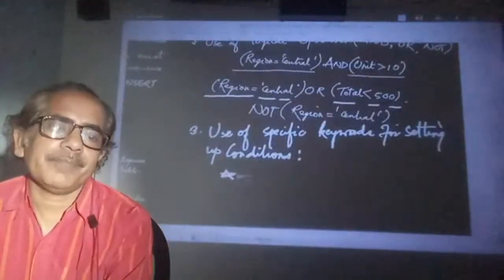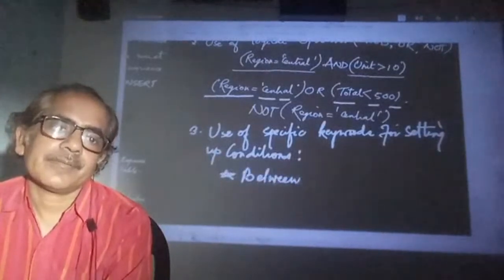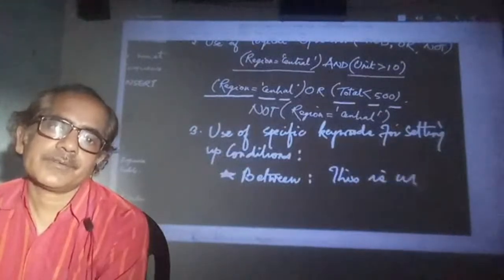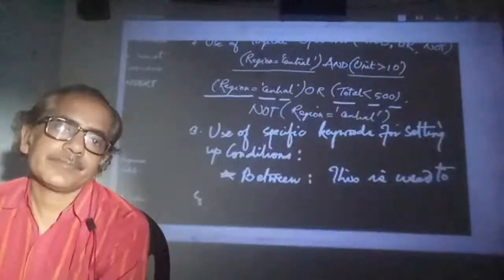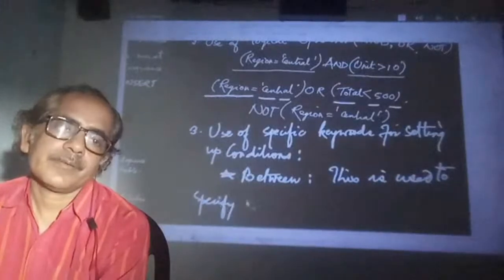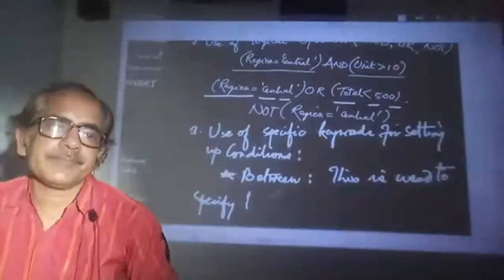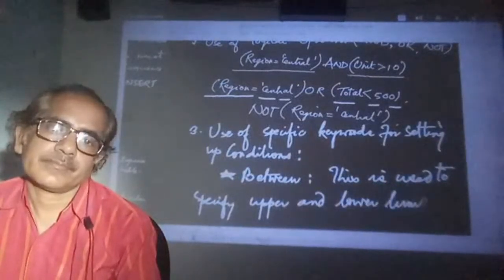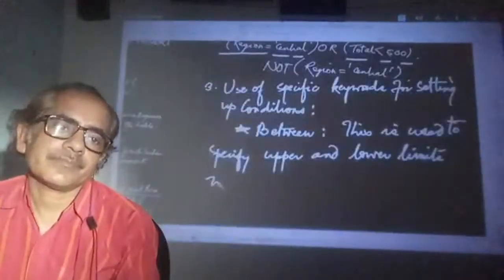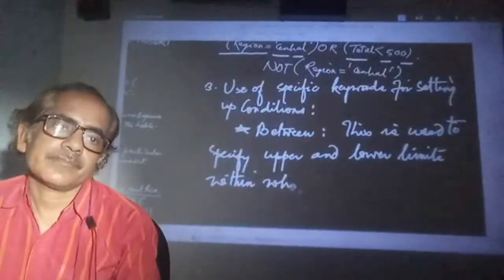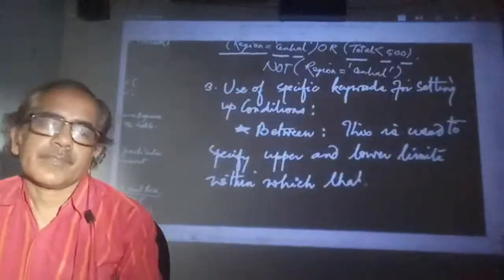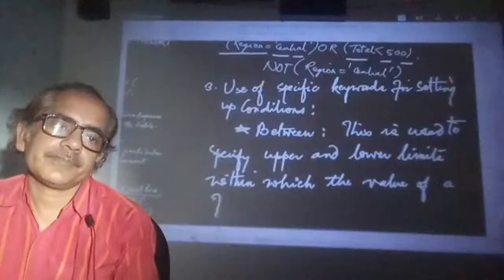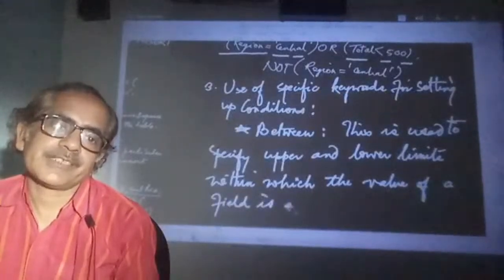So the first one is between. This is used to specify upper and lower limits within which the value of a field is expected.